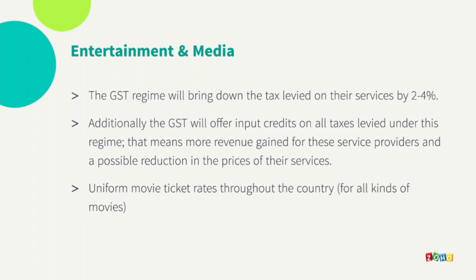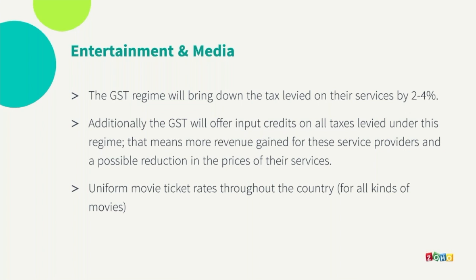But then the GST regime is going to bring down the tax levied on their services by 2 to 4%. So when you put together the service tax plus that entertainment tax, it's actually higher than the GST of 18%, which would be levied on these services.